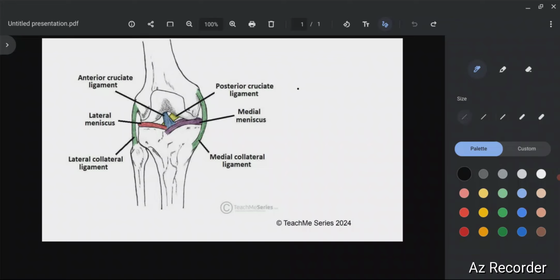Varus deformity is like this. If someone has bowed legs, it means that the joints are moved away from each other. Suppose this is the knee joint and this is the other knee joint, the joints have moved away from each other.